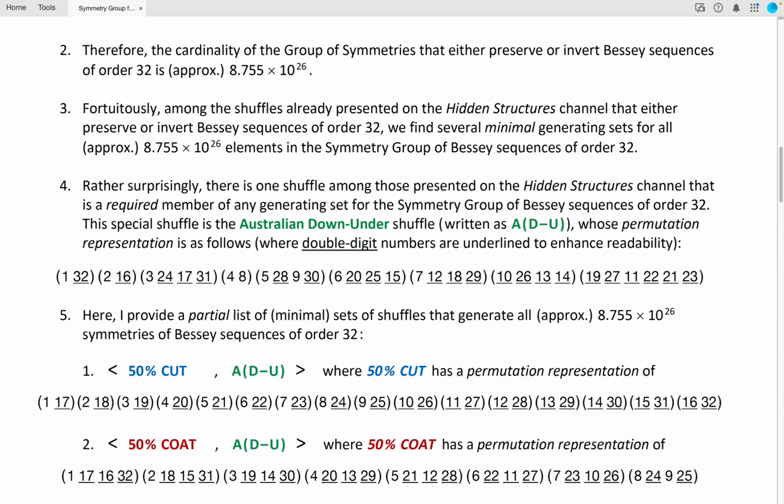First, 50% cut, together with the Australian down-under shuffle, where the 50% cut has the following permutation representation. Second, a 50% coating, together with the Australian down-under shuffle, where the 50% coating has the following permutation representation.